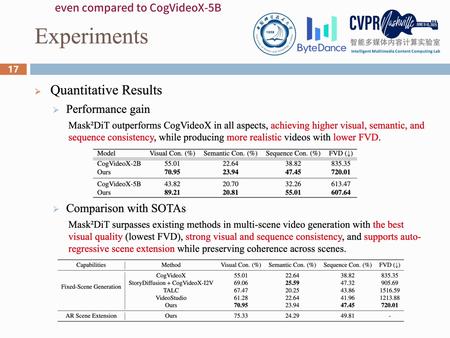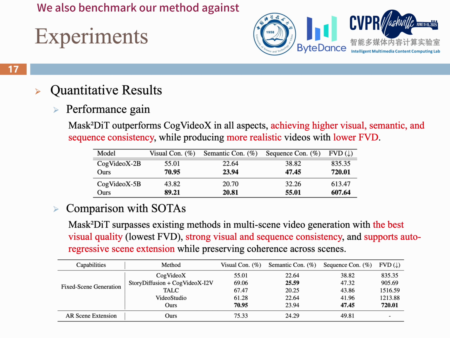Notably, even compared to CogVideoX 5B, our model achieves significantly higher visual consistency, 89.2% versus 43.8%, and better overall sequence consistency with a lower FVD of 607.6.